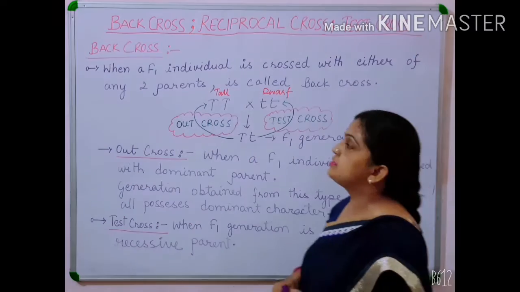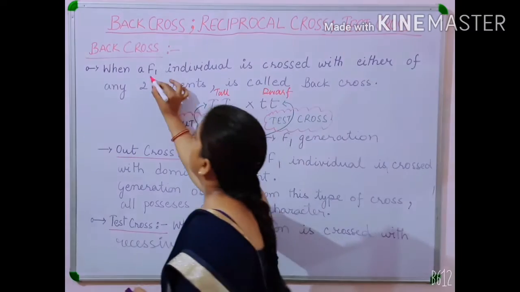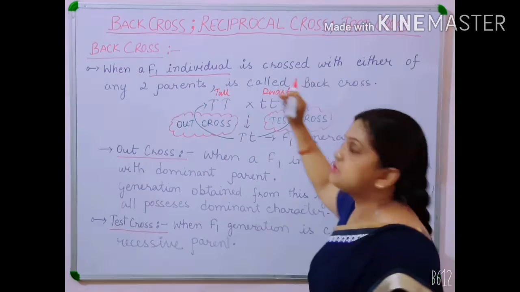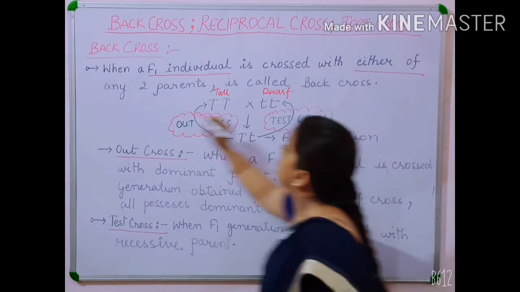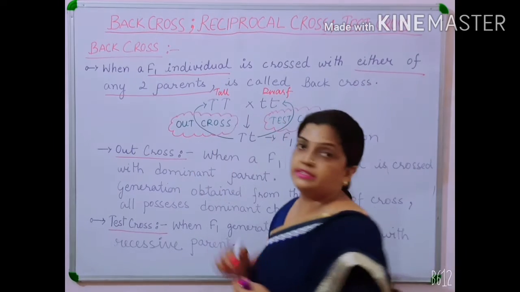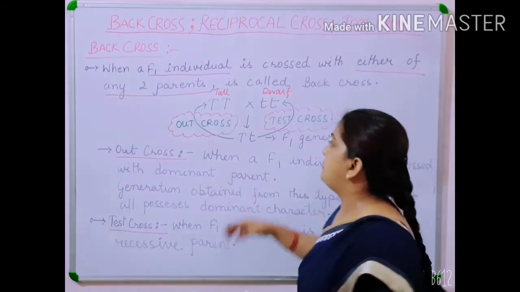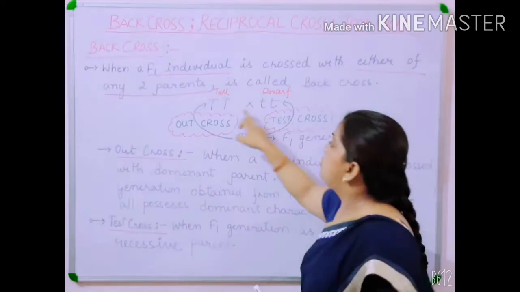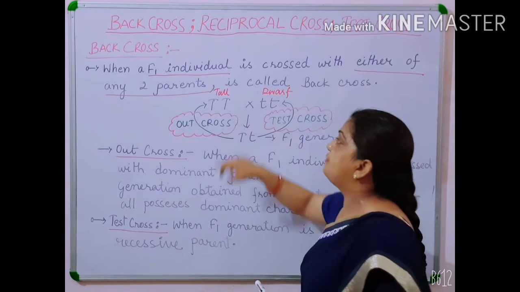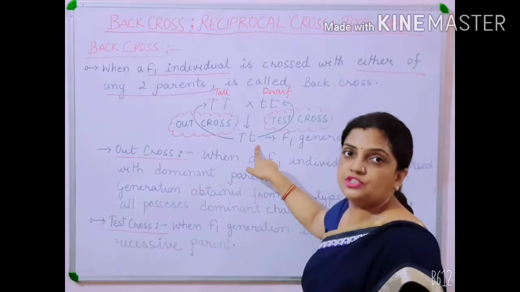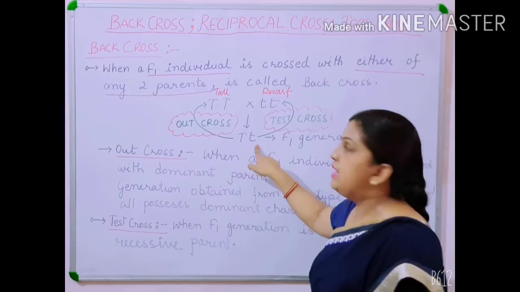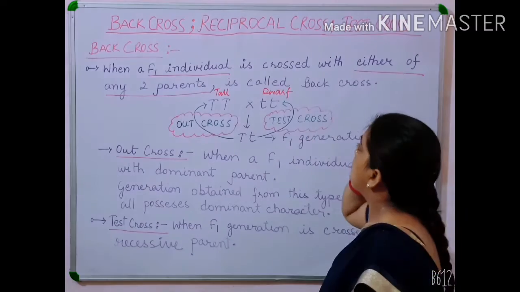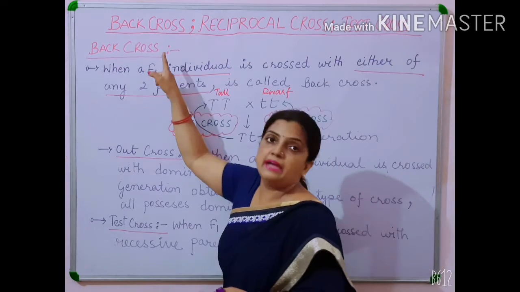The important line here is that when an F1 individual is crossed with either of the two parents, either the tall parent or the dwarf parent, when this F1 progeny is crossed with any one of the parents, the cross type is called a back cross.